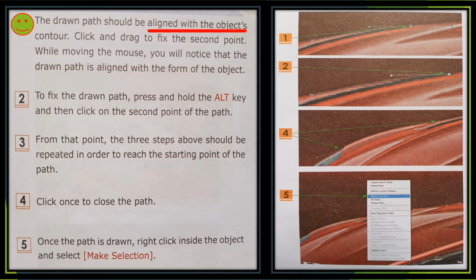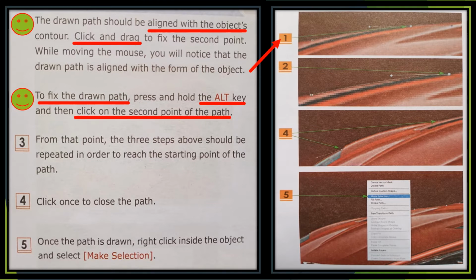You should click and drag in order to fix the second point. While moving the mouse, you will notice that the drawn path is aligned with the form of the object. In order to fix the drawn path, you should press and hold the Alt key and then click on the second point of the path, as shown in the right corner.